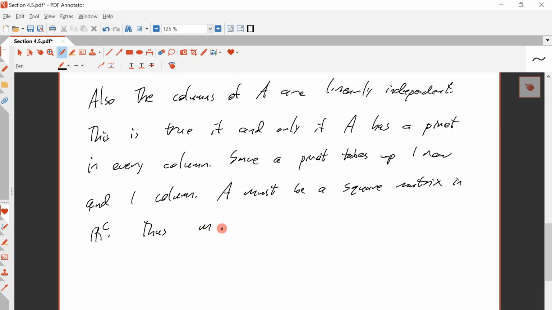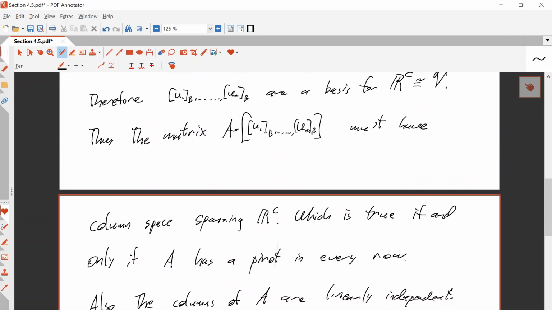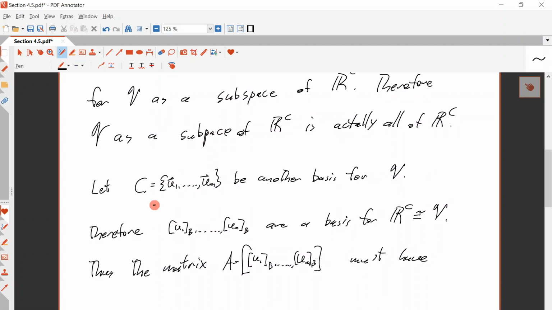Thus, M, which is the number of columns, is C. Did I use the letter C twice? I did. Shouldn't use this, it's a capital C.